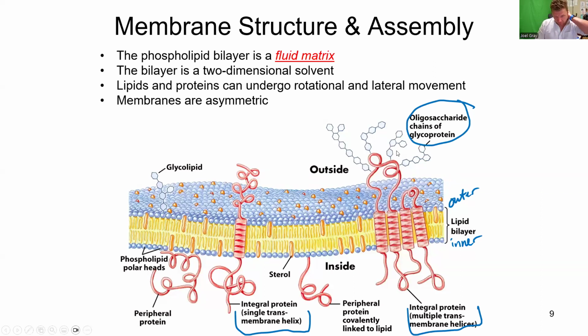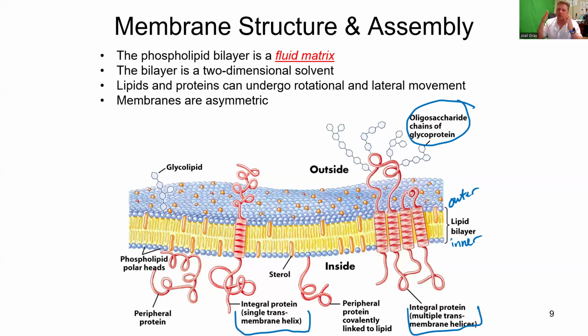Now, in addition to those integral membrane proteins that span a membrane, there's a couple of other proteins. They look like balloon animals, really, to me. What I want you to notice about them is that they're unique in that they're not embedded in the membrane, but they do have linkages or connections that make them a part of the membrane, even if tangentially.